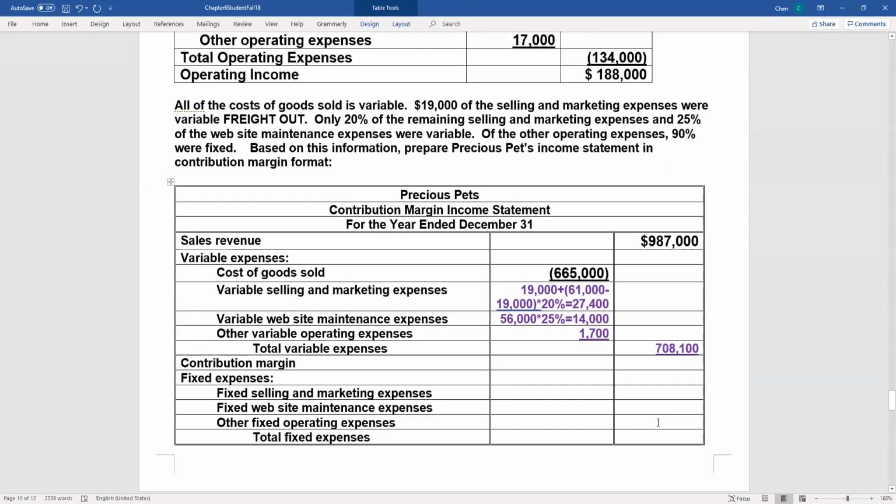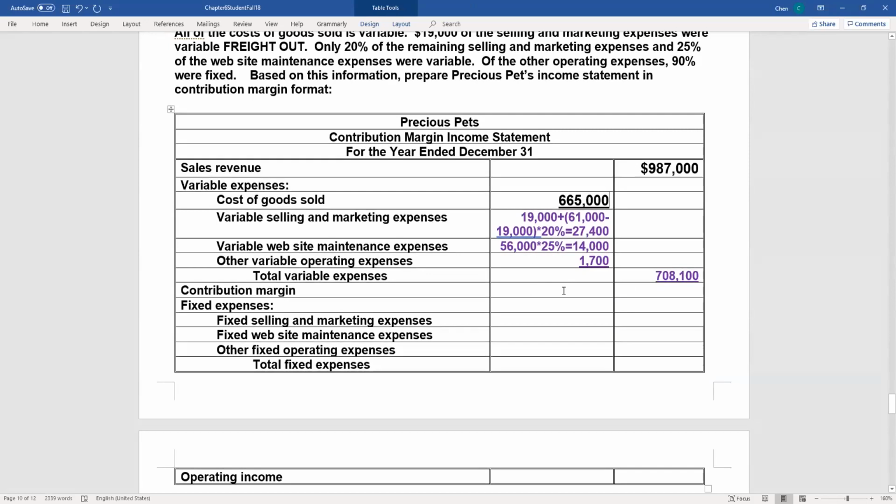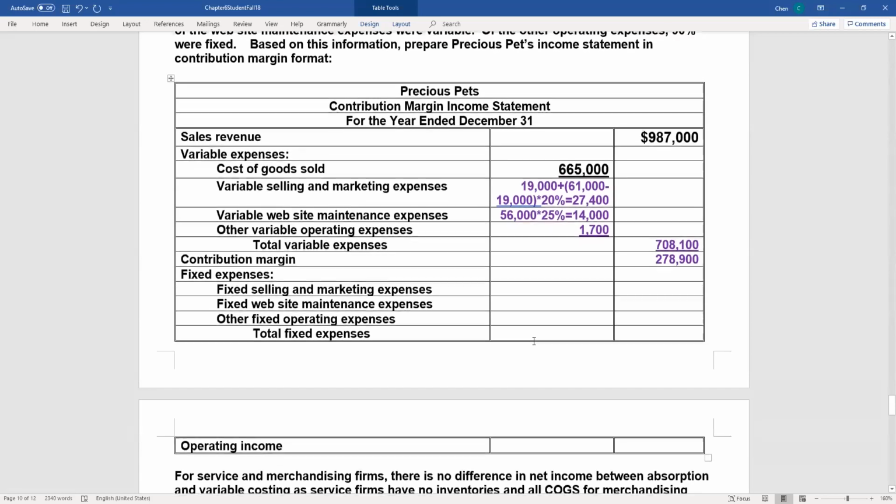Okay. And then contribution margin. What is the contribution margin? Contribution margin will be sales revenue minus total variable cost. So that should be 278,900.